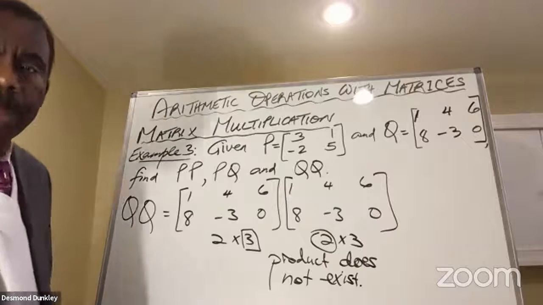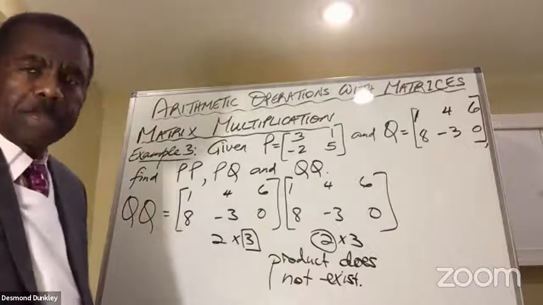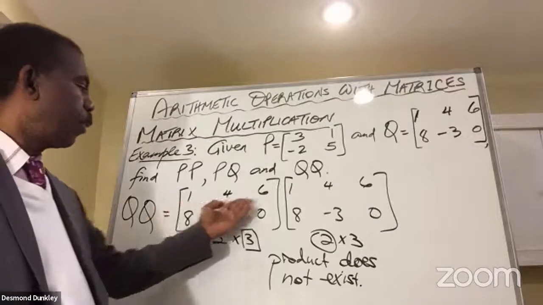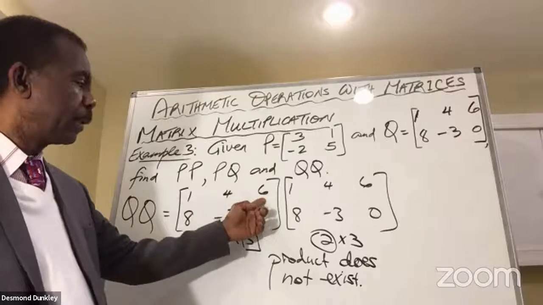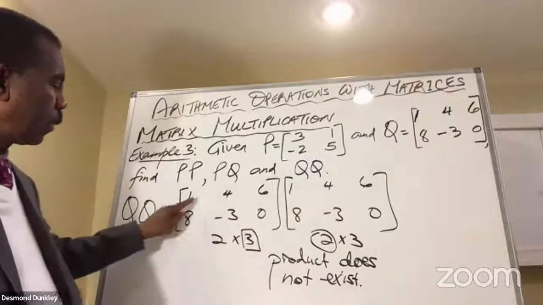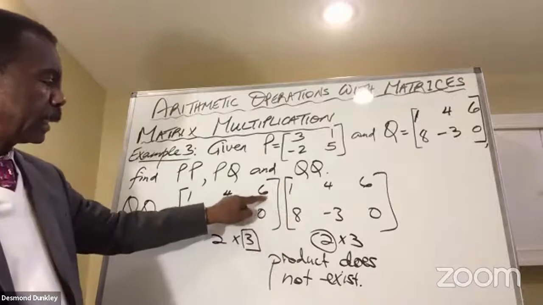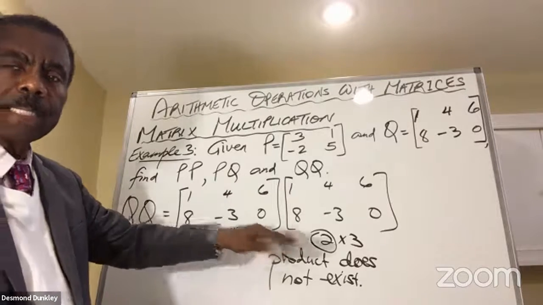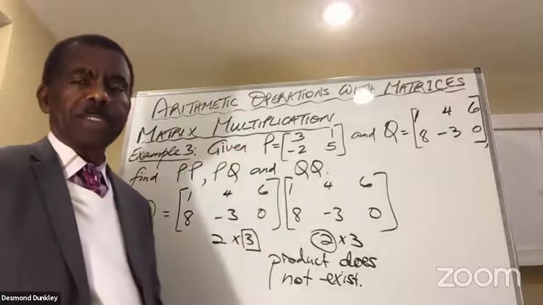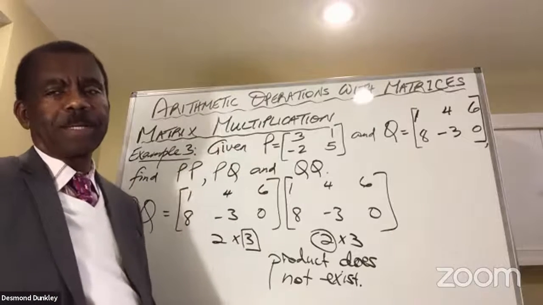In other words, it's impossible to multiply this. So this is a row, so it's 3 things. This is 2. So you go 1 times 1, 4 times 8, 6 times, there's nothing to multiply the 6. So it's confusion. That's why it doesn't work.